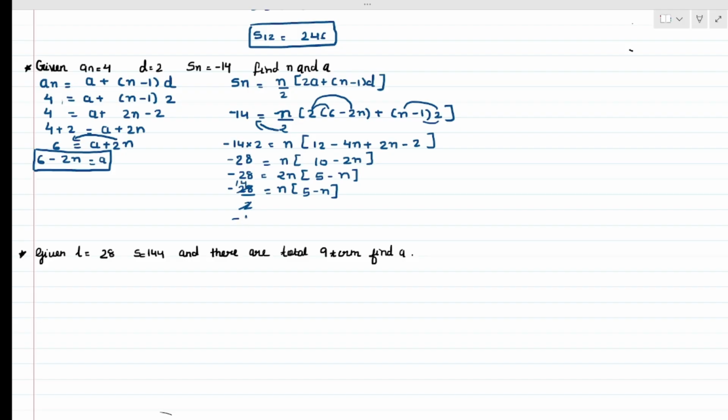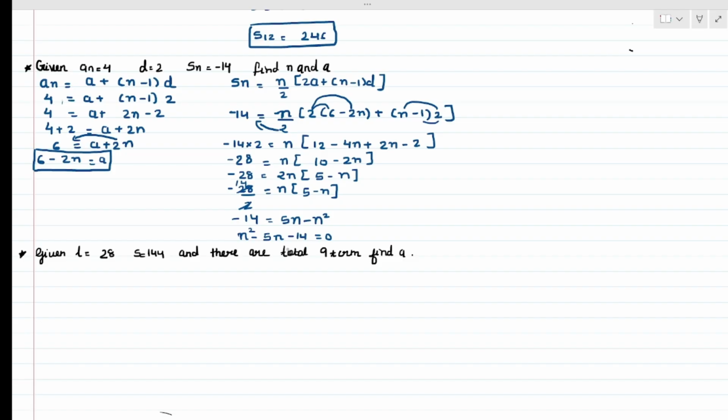That means minus 14 equals 5n minus n square. Can you predict this equation? Yes, it is a quadratic equation. If I substitute the sign of minus n square over there, it will become positive n square, and 5n goes over there and it becomes minus 5n, and minus 14 equals 0.